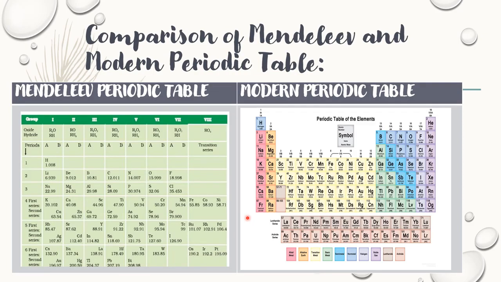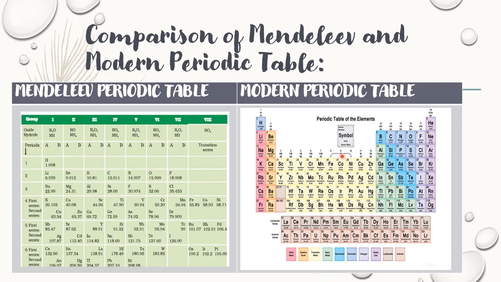Then, in the Mendeleev periodic table, the eighth group, that is the three series group of iron, cobalt, and nickel, does not have any subdivisions like A and B, and in the modern periodic table also, the iron, cobalt, nickel series have no subdivisions.